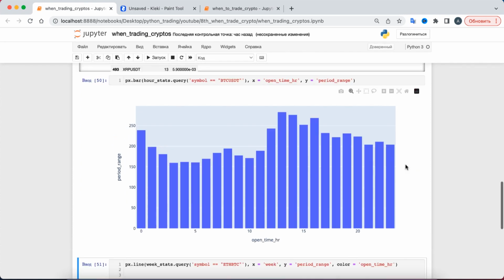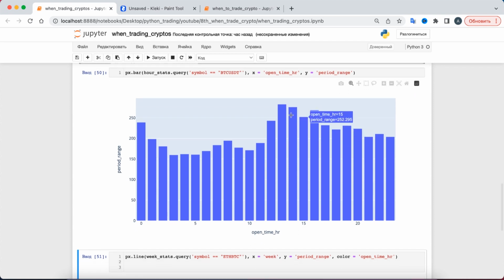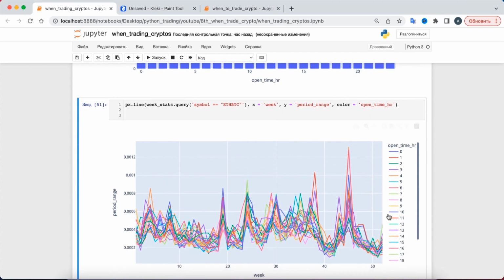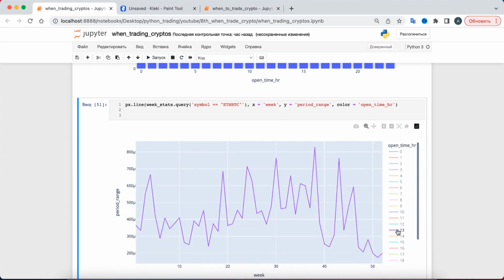And for example, on the previous slide, we met with the result that 1 p.m. is the most volatile period. And what about 1 p.m. dynamic? We can see a lot of spikes here, but also we have low values, and it means after every low values period, of course, we can meet a high volatility period.